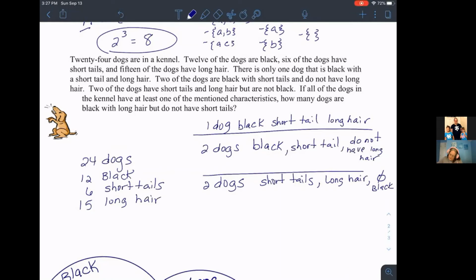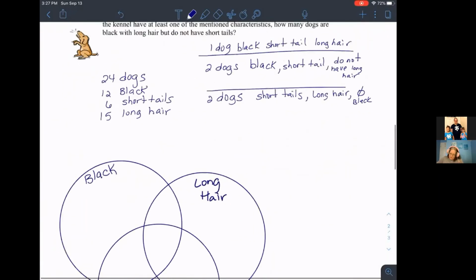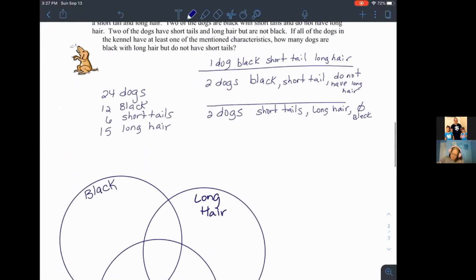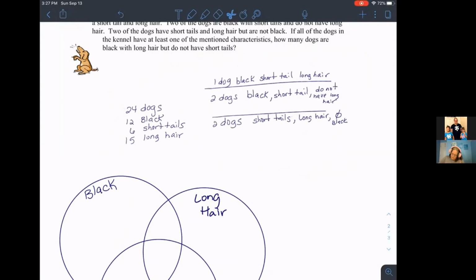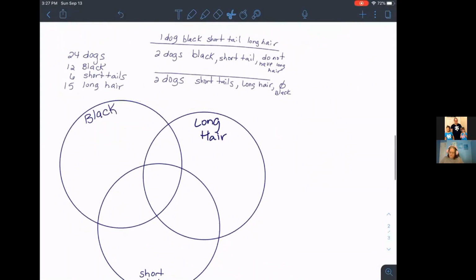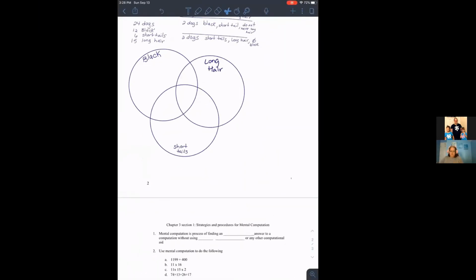All the dogs in the kennel have at least one of the mentioned characteristics. How many dogs are black with long hair but do not have short tails? Okay, what I did is I drew a Venn diagram. Let me move this down so we can see it all.